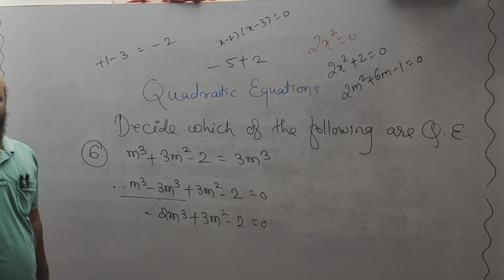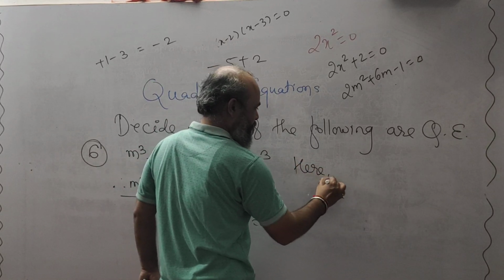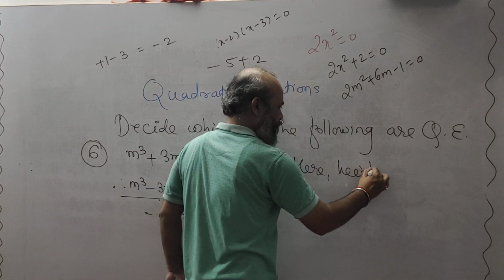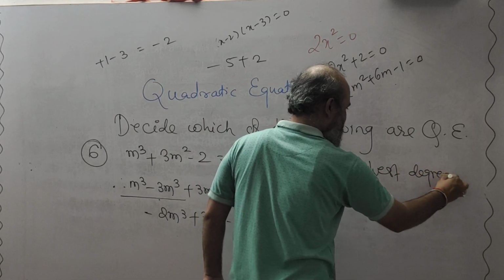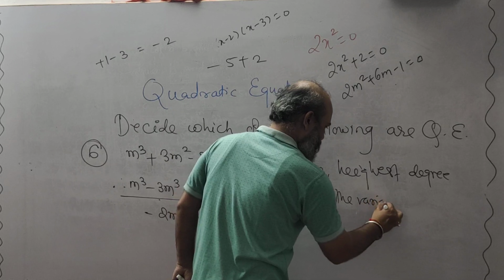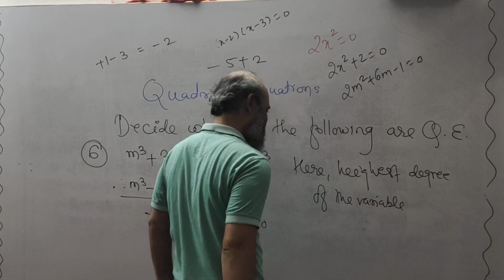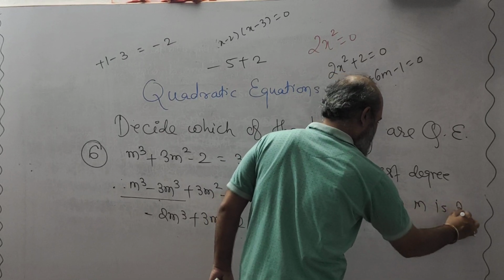Now the highest degree of the variable m is what? Here the highest degree of the variable m is 3. Okay, student.